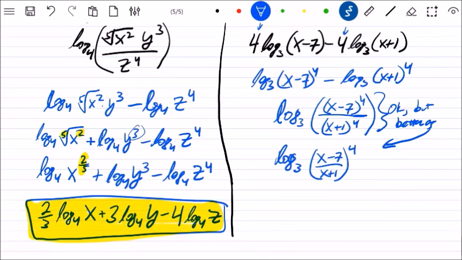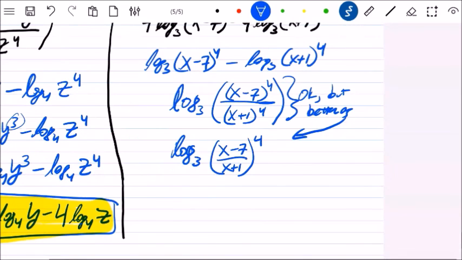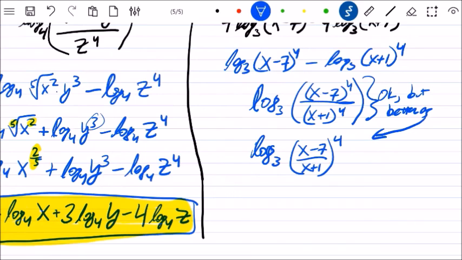Larger is okay, but this needs to be a little bit better sized. We could put the extra double parentheses in there, but we don't need to. So that one is about as condensed as we can make it.